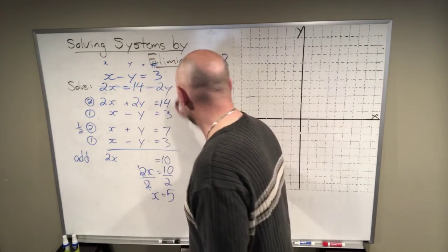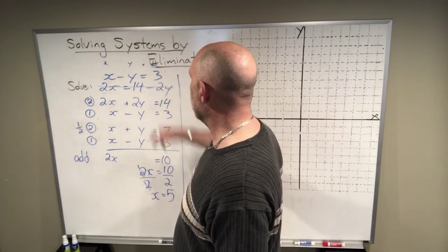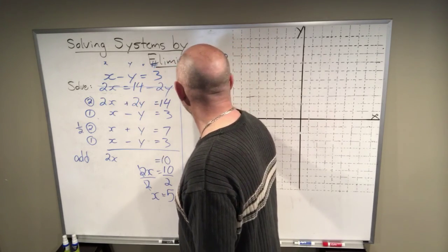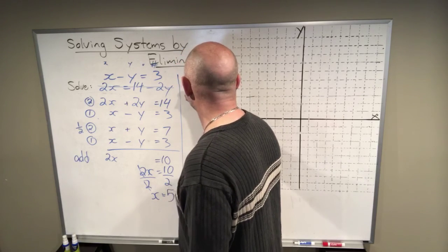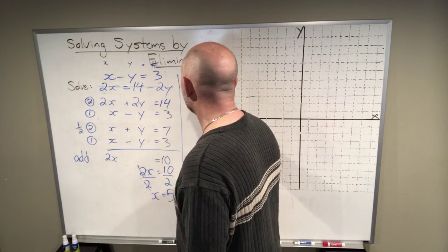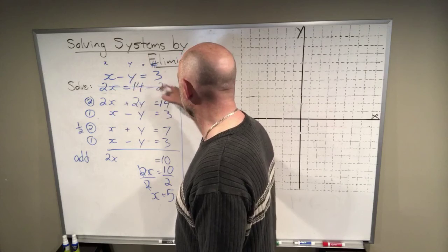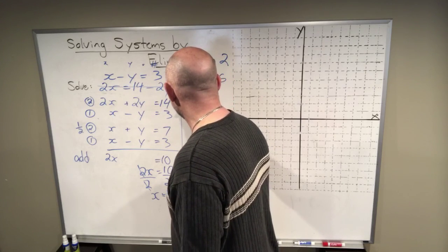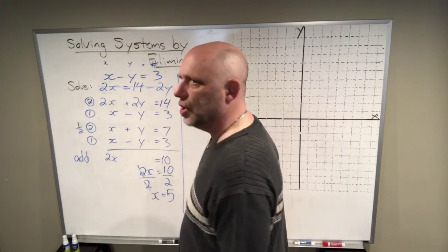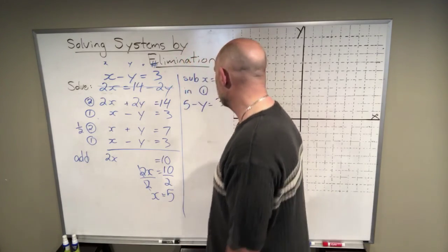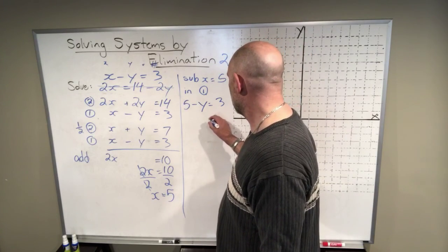Got a little line here so I can do a little more work here. I got x equals 5. Let's go back to equation 1. So now I have, instead of x minus y equals 3, I have 5 minus y equals 3. I'm going to switch places with the y to 3. Y comes over here.